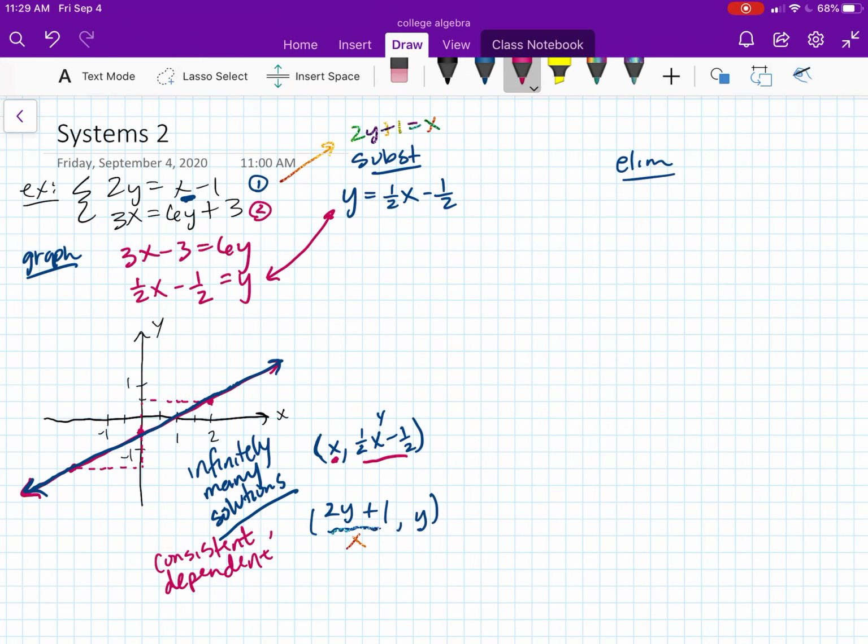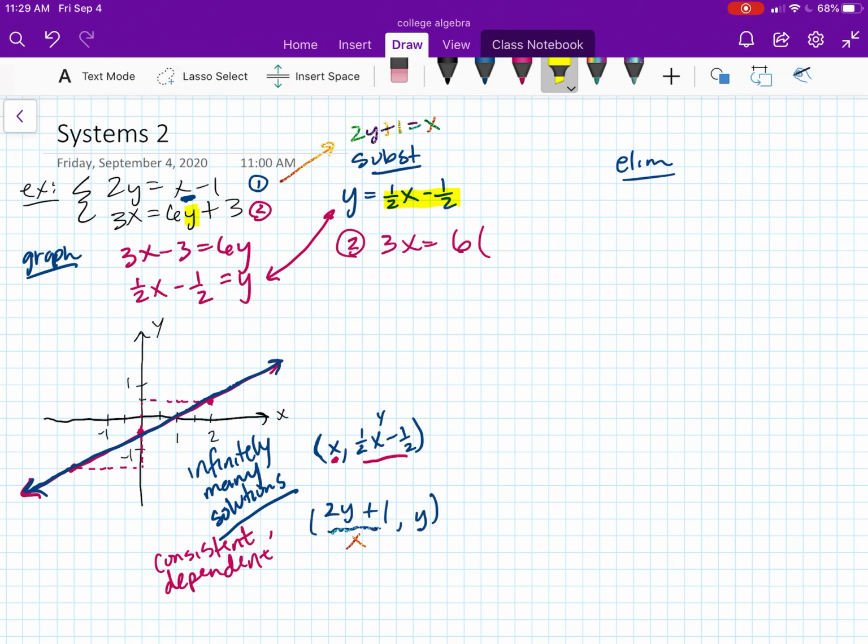All right, the other two methods will actually go pretty quick, because we're going to substitute this value in for y, into here, because we took equation 1 and we solved for y, and we're going to plug that into equation 2, which is 3x equals 6 multiplied by y.